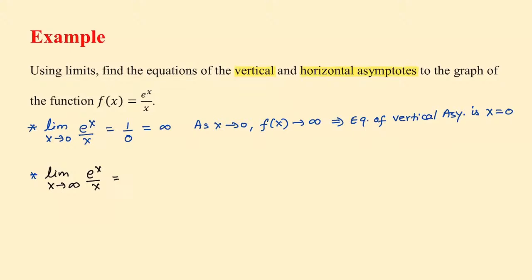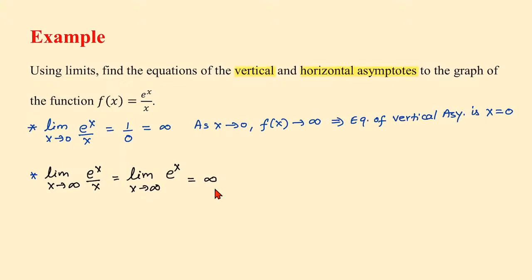So this is the same as the limit as x approaches infinity; the derivative of e to the x is e to the x, and the derivative of x is 1, so it becomes e to the x only. And the limit as x approaches infinity of e to the x is infinity, because when x approaches infinity, e to the x approaches infinity.